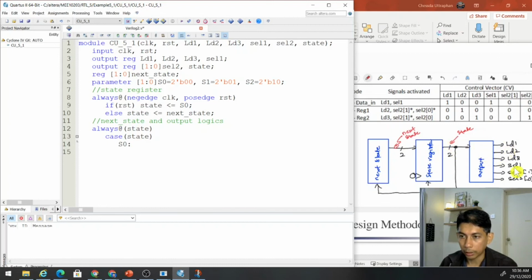We should output this signal based on this. So we can have something like this. Begin, we have many statements, so we need to use begin.